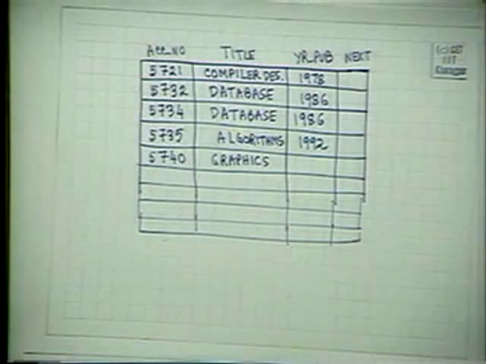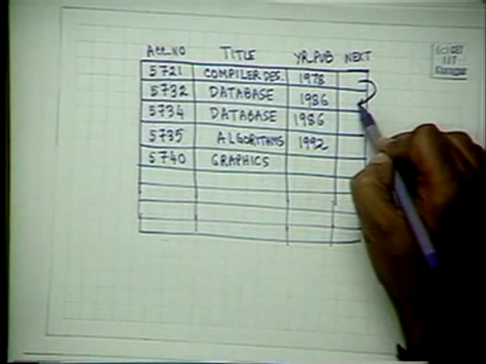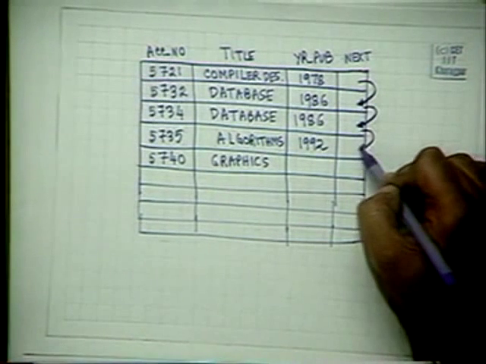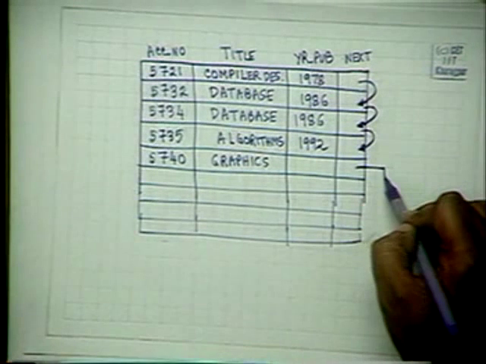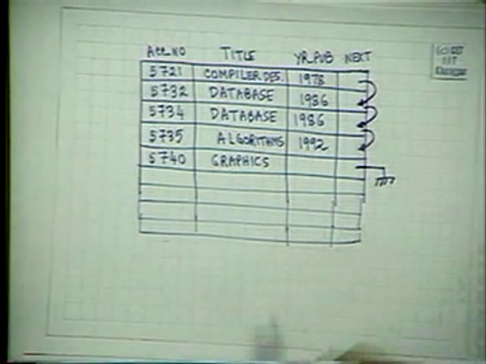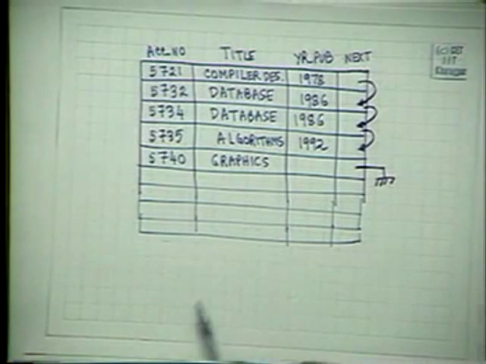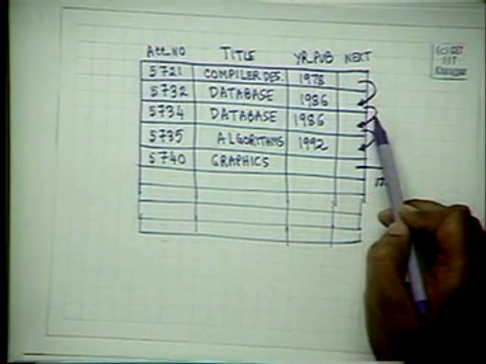The next pointer list will be like this. So this tells which is the next record in the sequence.